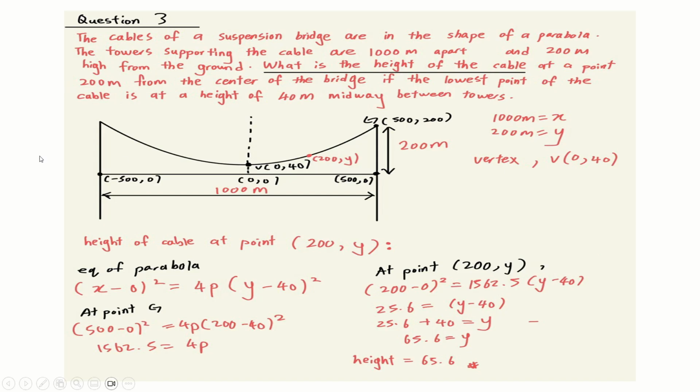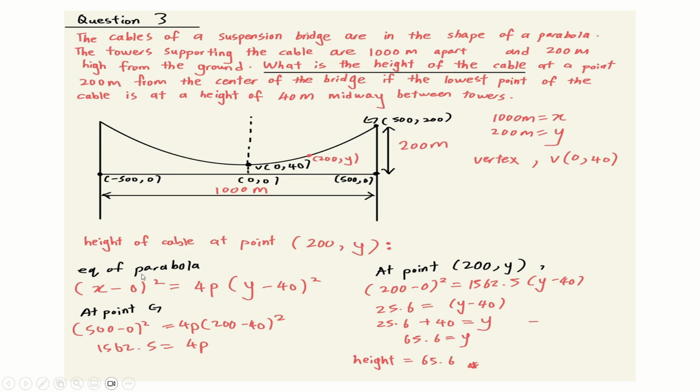Okay, so we can see I already drew a graph of the suspension bridge, and then we know the minimum point is (0, 40), which is our vertex, and then we want to find the height of the cable at the point 200, y.